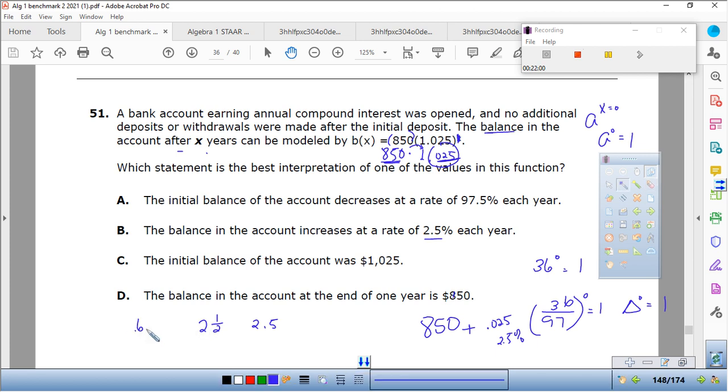Let's go with 6. 6 times 2 is 12, and then 0.5 is half of 6, which is 3, so that gives me 15. Same thing here. 2.5 is 2.5, so 6 times 2 is 12, and then 0.5 is half of 6, which is again 3, which gives me 15. So that's a sneaky way of saying give me 1 and 2.5%.